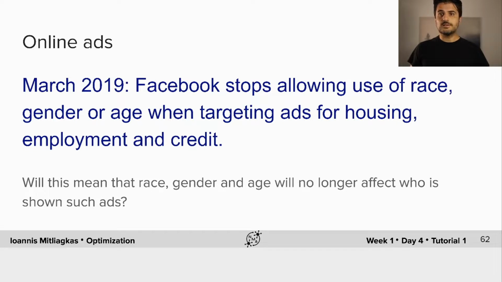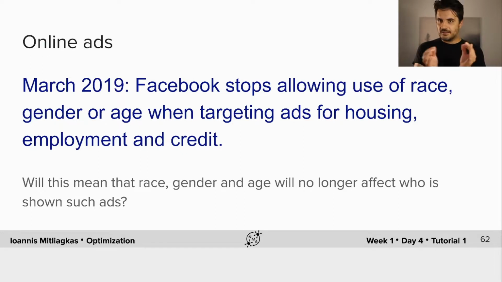In some countries, including countries in North America, this kind of targeting is illegal. You cannot target specific ages or specific genders for hiring, right? So this is a very recent development that companies like Facebook stopped doing it because there were some lawsuits.